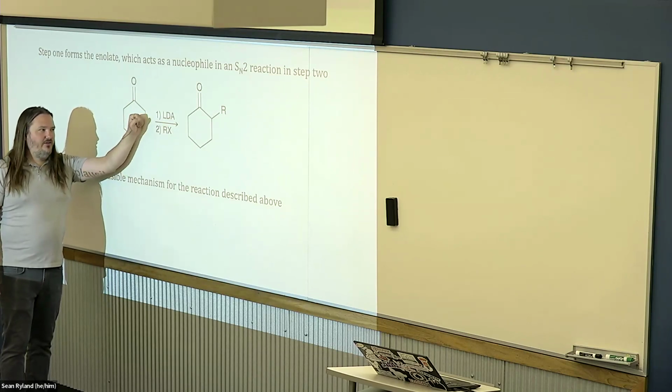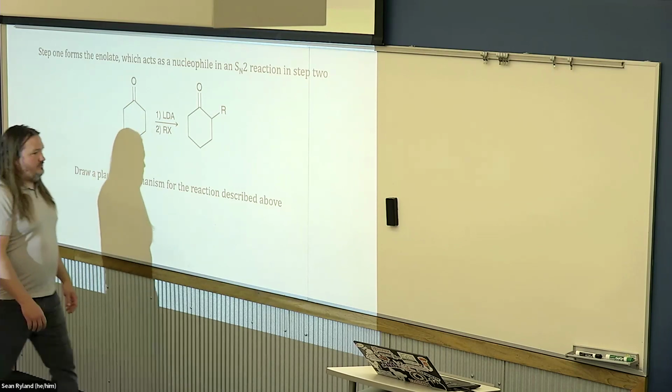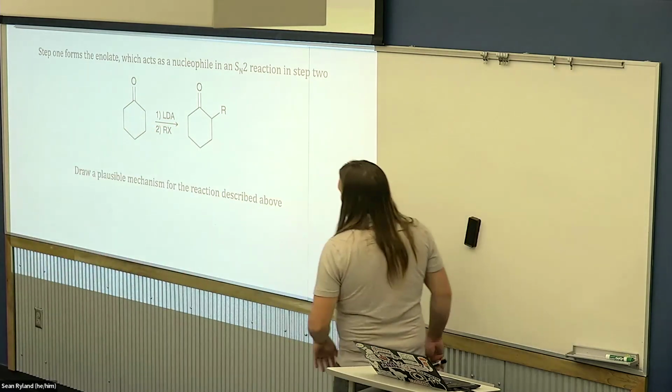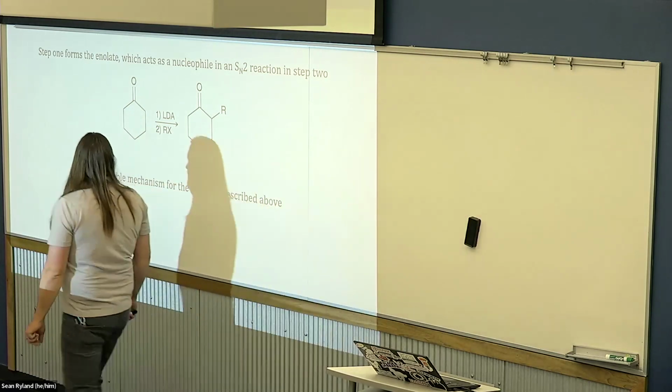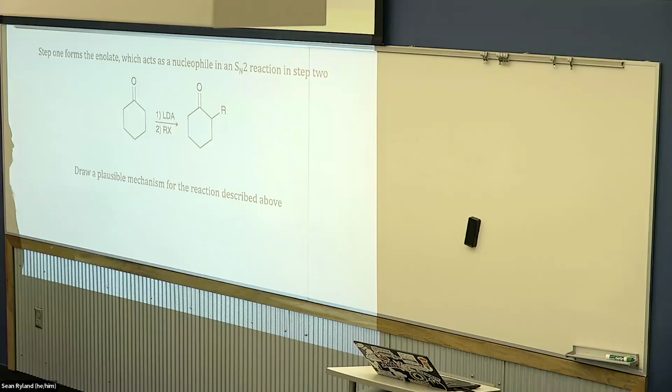You don't have any other functional groups attached to it. So we start with LDA. LDA is just going to form the enolate, which then just goes through an SN2. So practice drawing that mechanism.